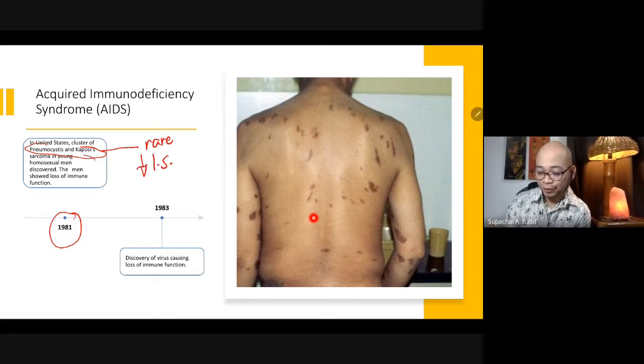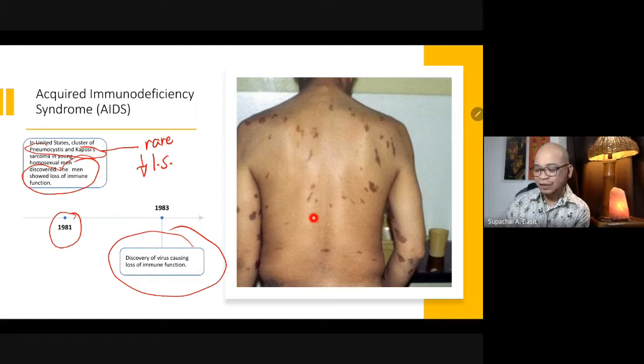True enough, the common denominator of these men is that they showed lost immune function. Until 1983, the virus was discovered. There is actually a very nice movie, And the Band Played On, that will show you the history of how HIV was discovered.